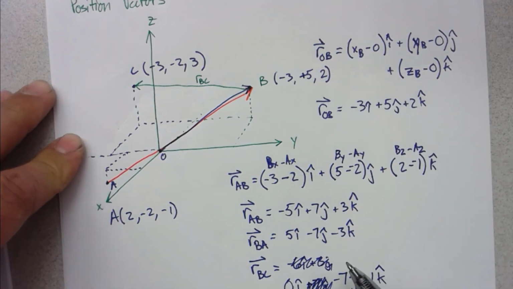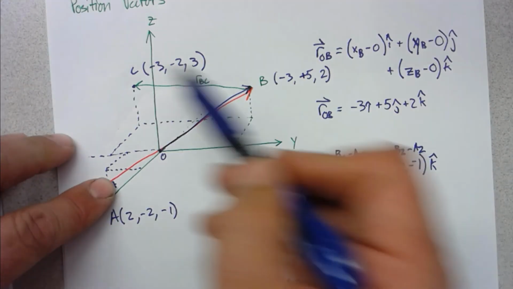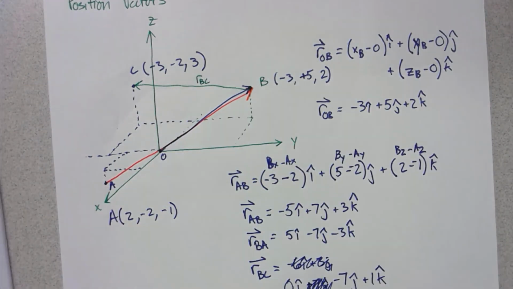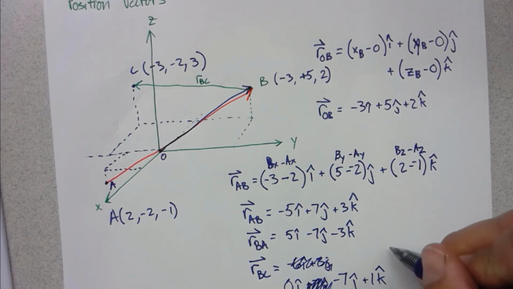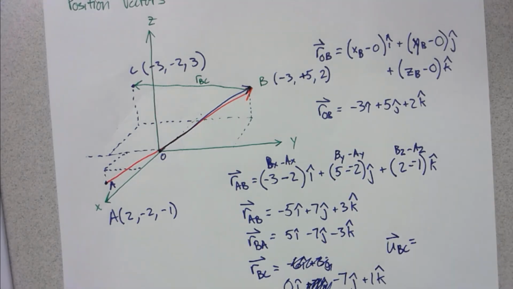We found all these position vectors for A to B and B to C, right? So our position vector, R_BC, we found here as being 0 i, -7 j, and 1 k, all right? What would its unit vector be? If I want you to find me U_BC, how do I do that? What do I first have to do?